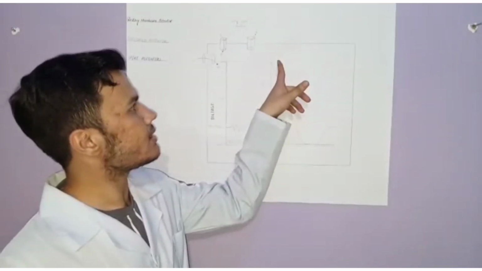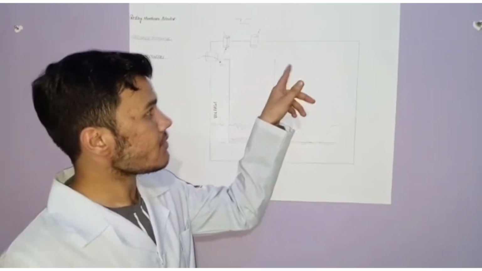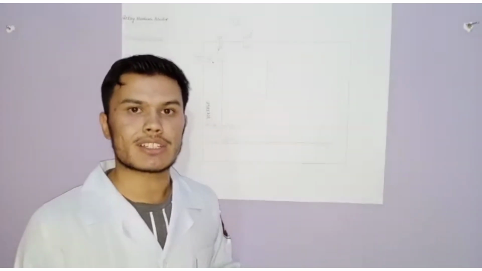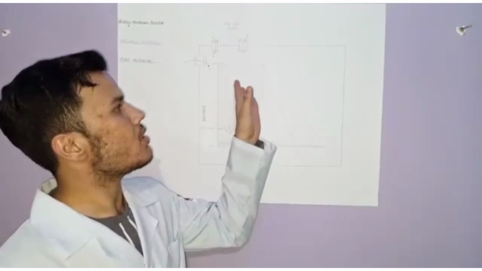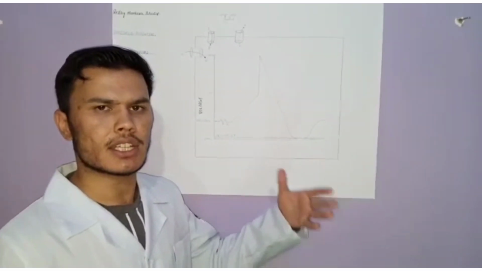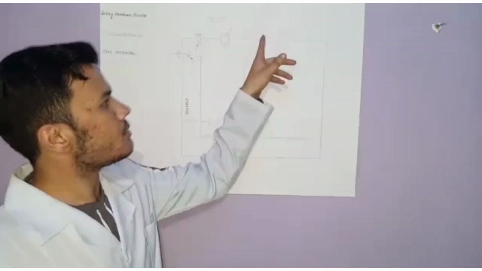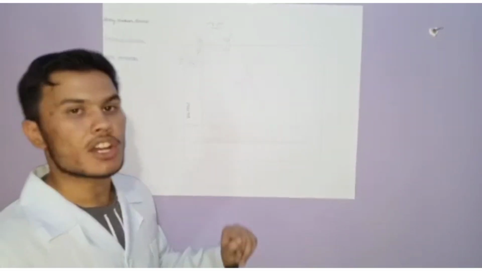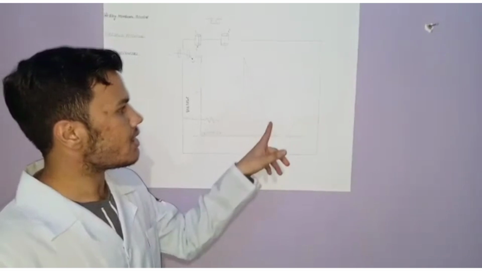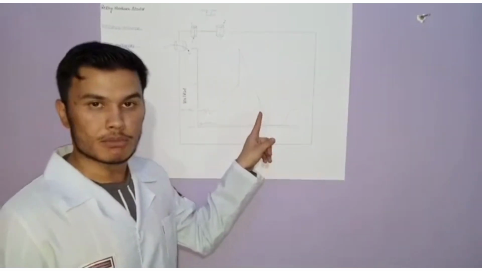When it reaches plus 65 millivolt, then the potassium voltage gated channels open and a lot of potassium goes outside the cell from inside the cell, as the cell is full of potassium. So when it goes outside the cell, the cell starts repolarizing, and it reaches the resting membrane potential.